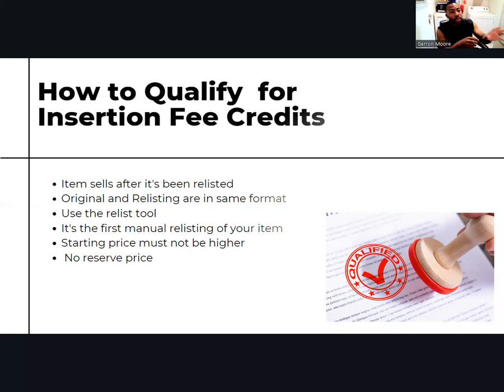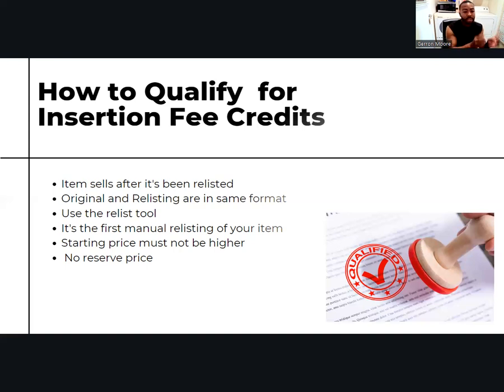You can qualify for insertion fee credits if your item sells after it's been relisted. For instance, they agreed to purchase it but didn't pay, so I relisted, and it sells in 2 days. Now I'm checking off one of those boxes to be able to get a credit.